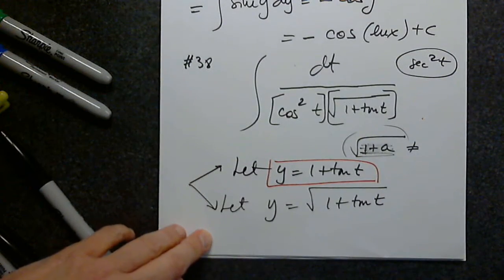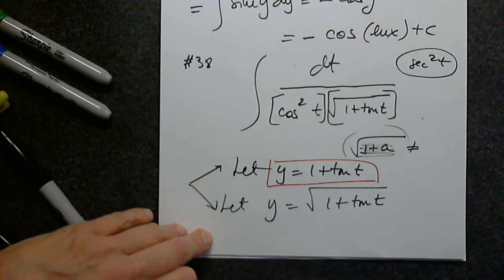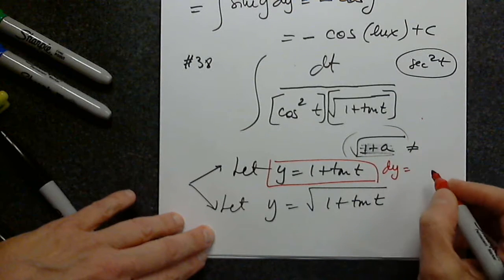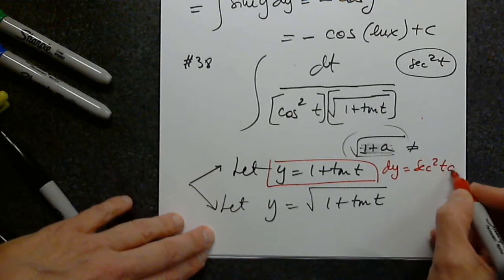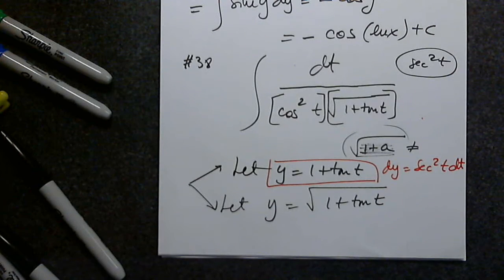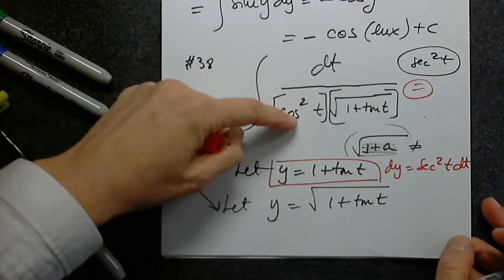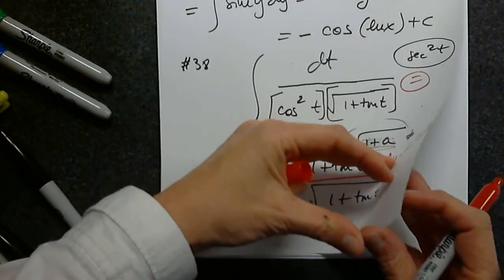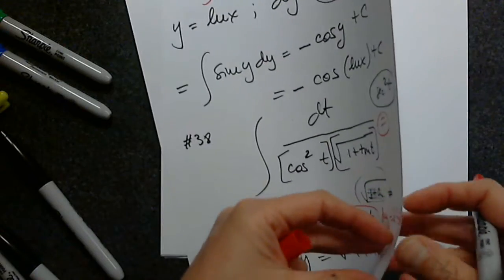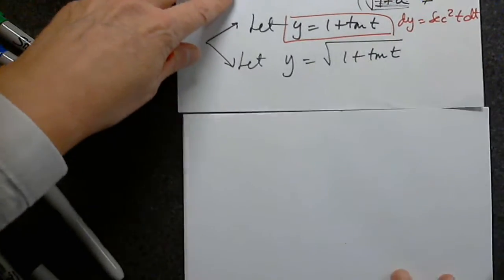As long as dy is in the problem, plus or minus some constant. So dy equals secant squared t dt. Okay, it is, because 1 over cosine squared can be replaced by that. I'm going to do that first. Is this just one page? It is one page. Okay.